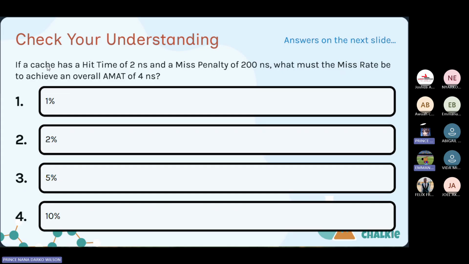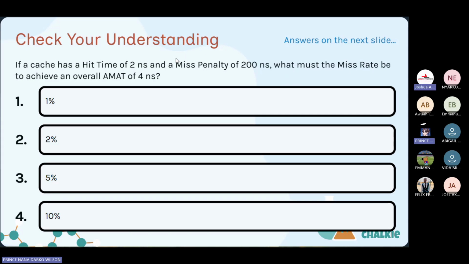Okay. So I also had 0.01, which is 1%: 2 plus x times 200 equals 4, so x here equals 1%. Okay, that's 1%. We are working fast. That's good. A bunch of brainiacs in this thing.